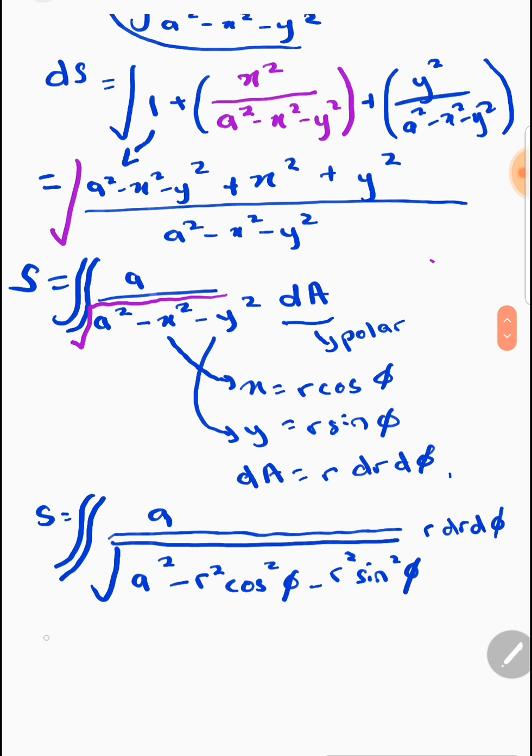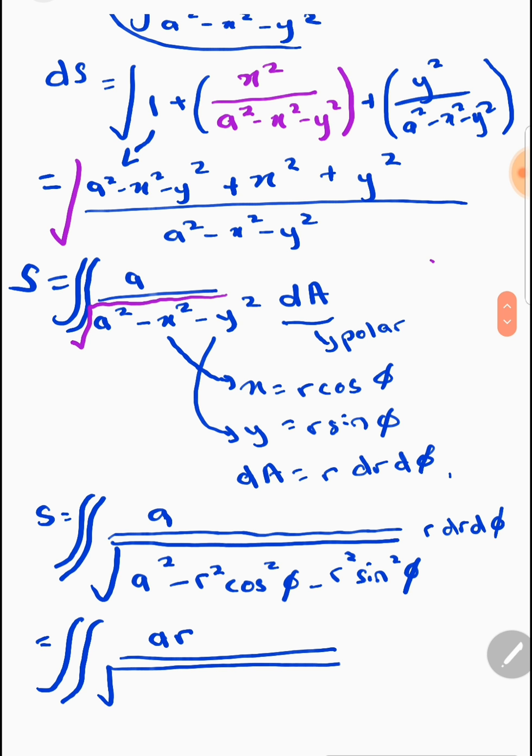So let's see over here. How do you look at this? So r, I'm just going to write it here, r over, again I have the square root here, so this will be a squared minus r squared.